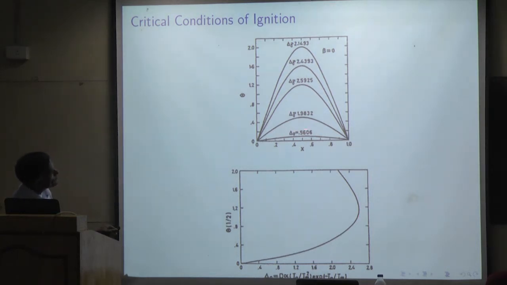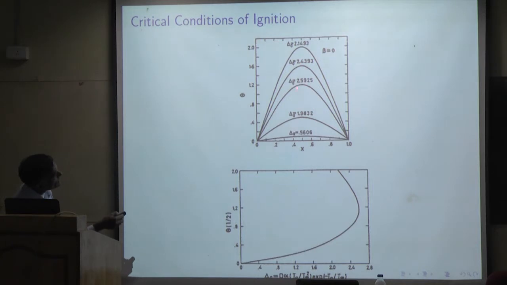So those are the temperature profiles. That's the top part of the curve, this part over here. Then somewhere in between, if you look at these numbers, the Damköhler number is increasing and then there's a decrease.